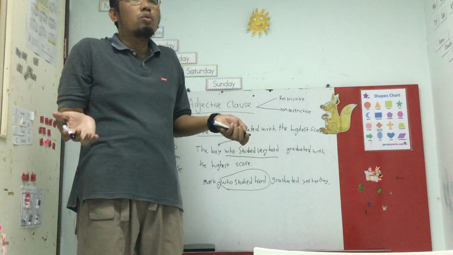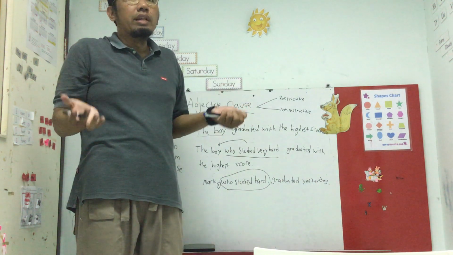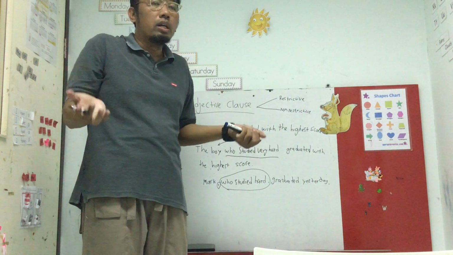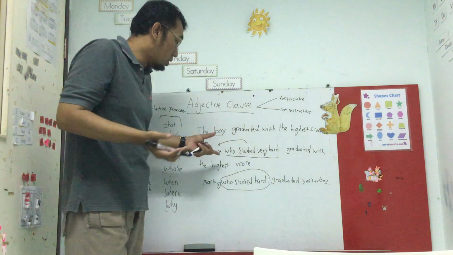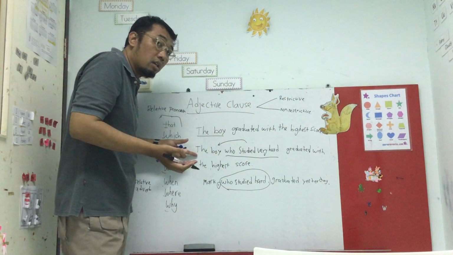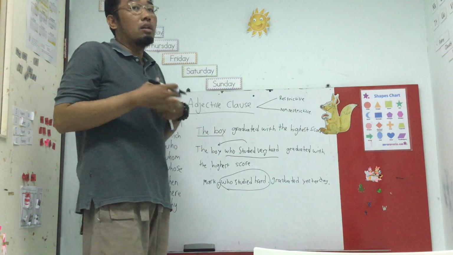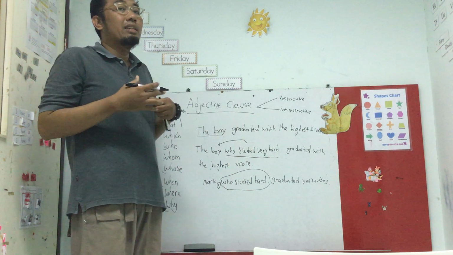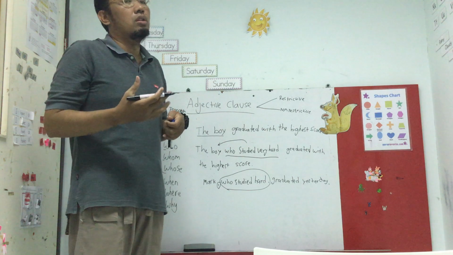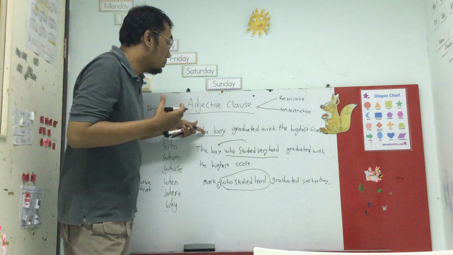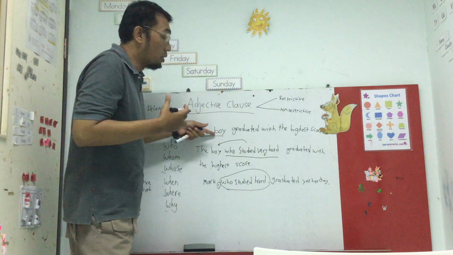How do we know which one to put the comma and which one not to put the comma? Pay attention to the noun that is put over there. Is it common or does it need more information? Does it need more information? Yes, of course, it's the boy over here.